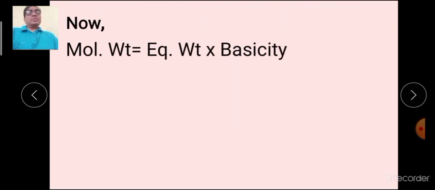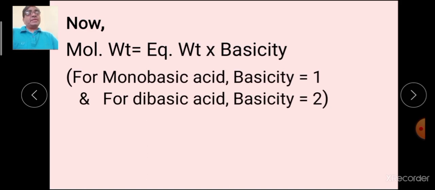Now, molecular weight calculation. Molecular weight is given by equivalent weight into basicity. Equivalent weight we have determined in the previous step. Here we have to take the value of basicity. What is the value of basicity? For monobasic acid, the basicity is 1, and therefore for calculation of molecular weight, the equivalent weight will be the molecular weight of that acid.